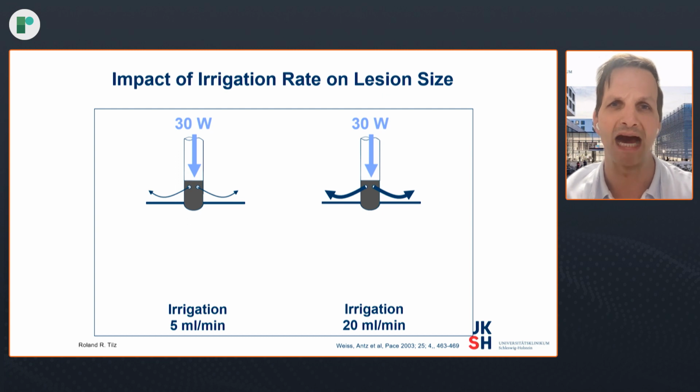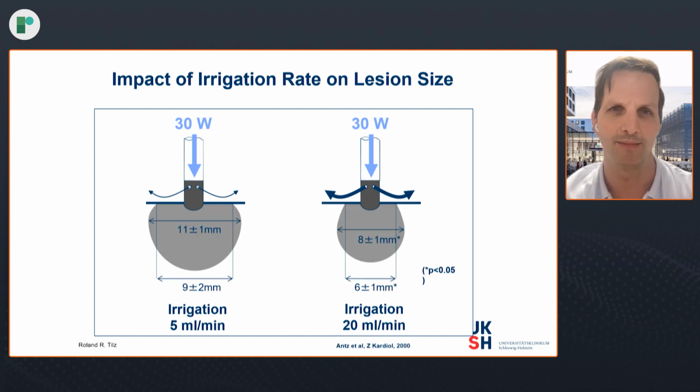Even at a given power, the lesion might be highly variable depending on the irrigation of the catheter, but the same is true for the blood flow, so the natural cooling. If you deliver, for instance, 30 watts with a catheter of a predefined size with the irrigation of 5 mils or 20 mils, the lesion with the small irrigation volume is going to be much larger.